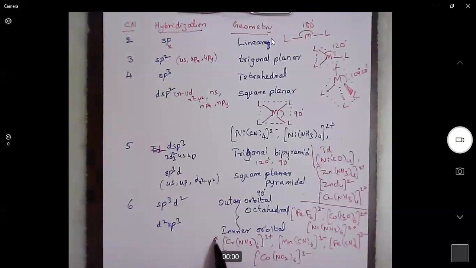Sorry, this is not an exception. Chromium will have empty d orbitals. It is not an exception. Leave it.